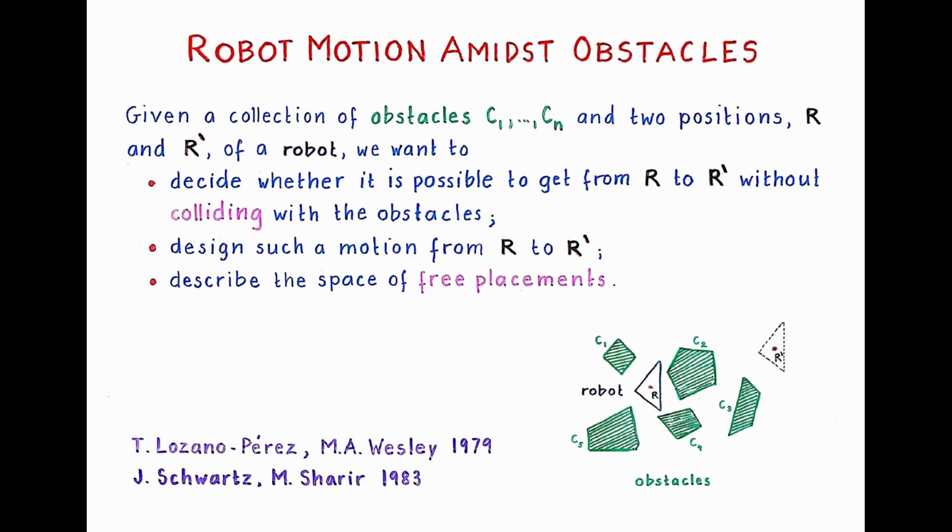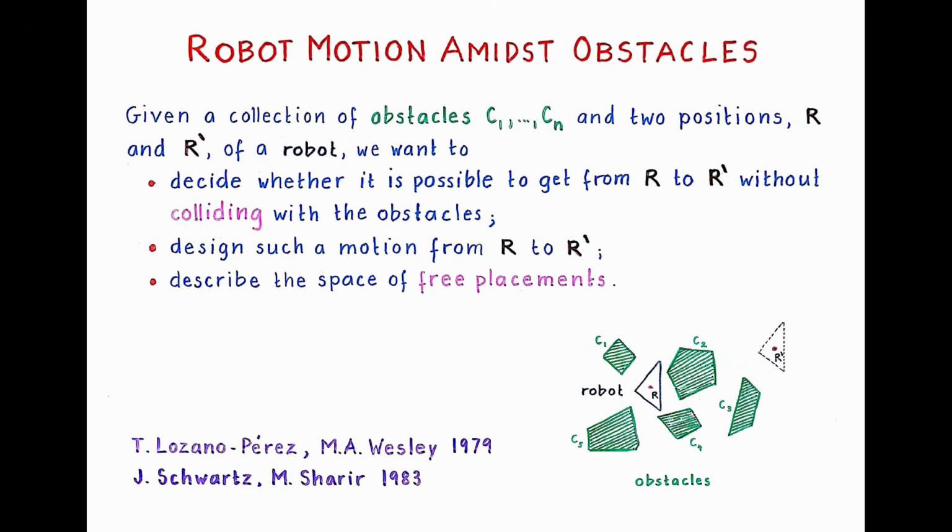Imagine that you have a number of, for simplicity, polygonal obstacles in the plane. They are fixed, and you have a robot. Imagine for a moment that the robot is also a convex polygon, in this case, this little triangle, and you are allowed to move this triangle, slide it, but you are not allowed to tilt it.